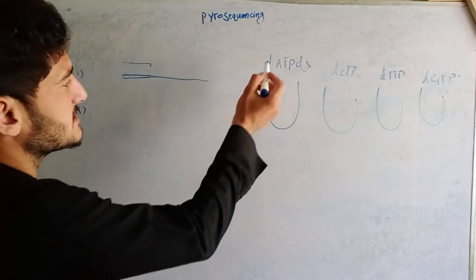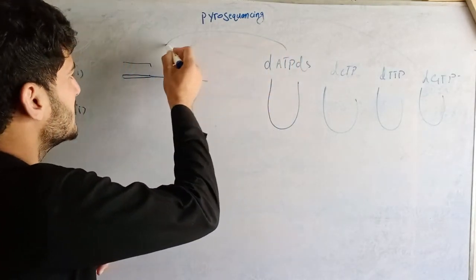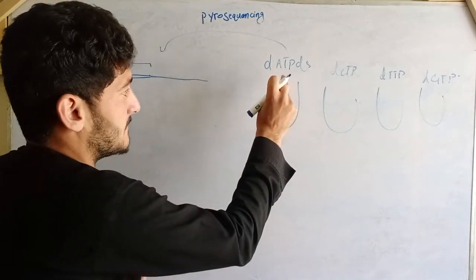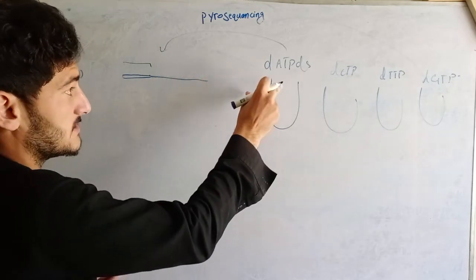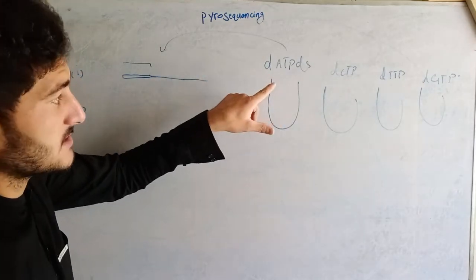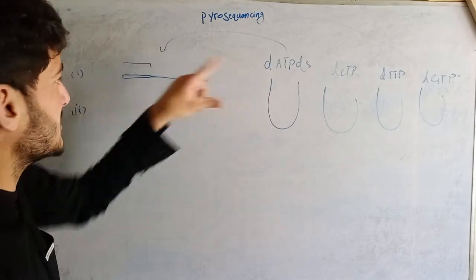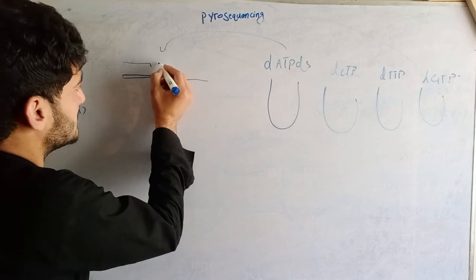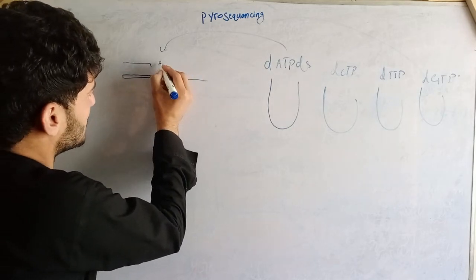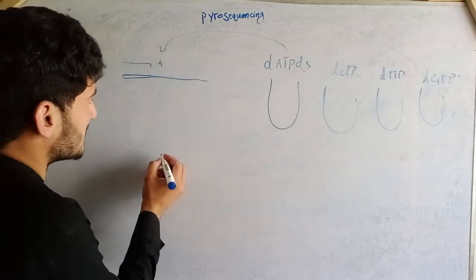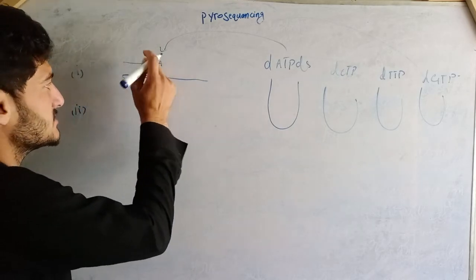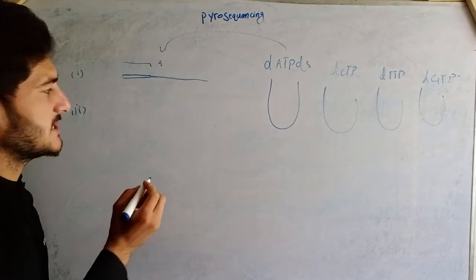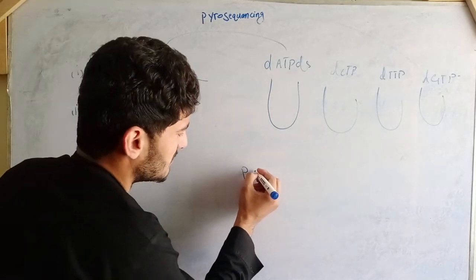So when we add this type of dATP, if the complementary nucleotide is present here, the adenosine attaches. When this adenosine is attached, there is a previous nucleotide present, so pyrophosphate is pumped out.